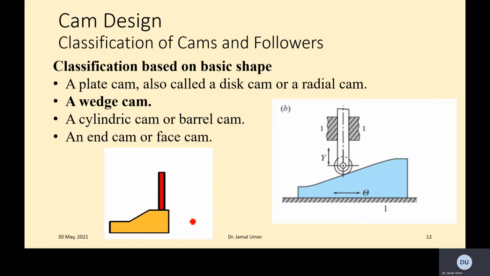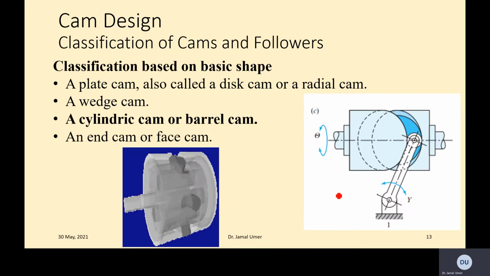Then this is a wedge cam, where we have a linear kind of cam, and of course when it's sliding, as I said, the follower has to perform a job of just reciprocation. So you see with such a cam we are able to do that, the linear reciprocation. So this is called a wedge cam. So this is shaped like a wedge, so that's why we call it a wedge cam.